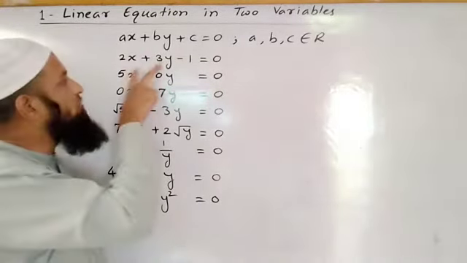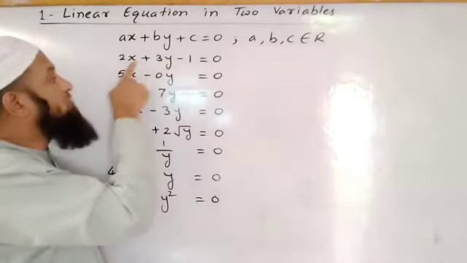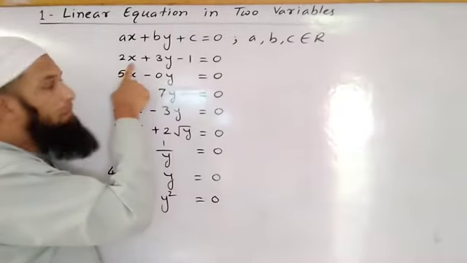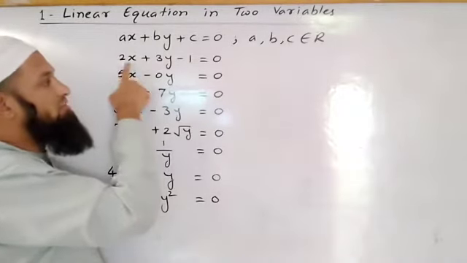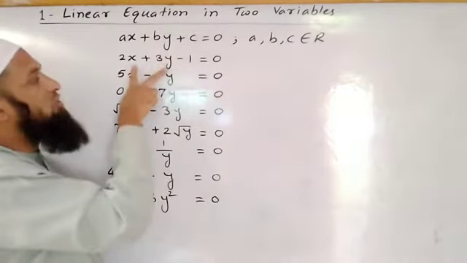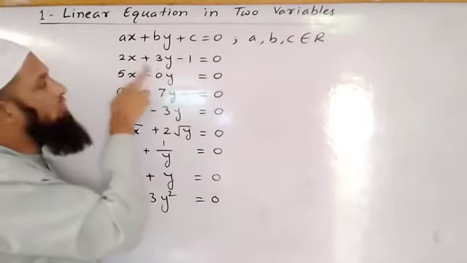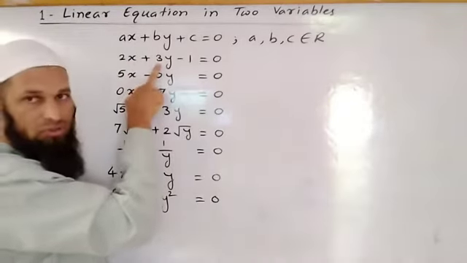So look here, there are two variables x and y, and the degrees should be 1. So the degree means the power. Power of x is here 1. So degree is 1. Degree of this term is also 1. Okay, and the coefficients of x and y should be non-zero numbers. So the coefficient of x is 2, non-zero. Coefficient of y is 3, it is also non-zero real number.